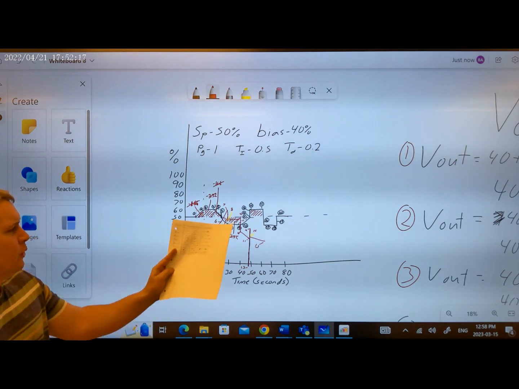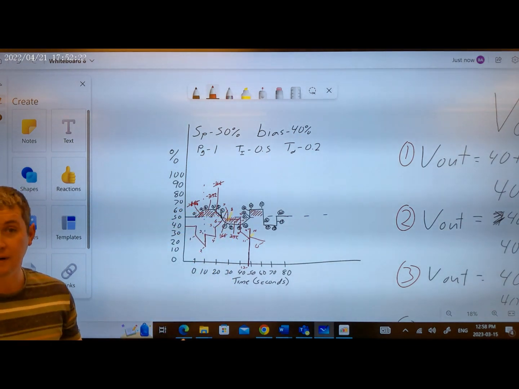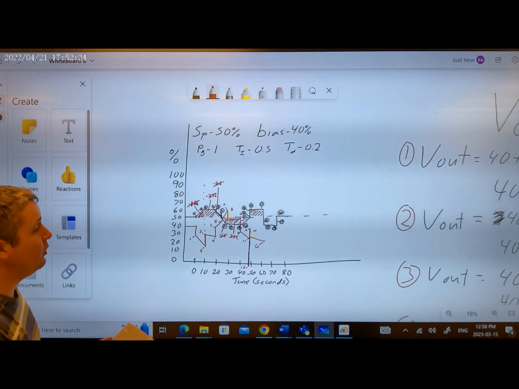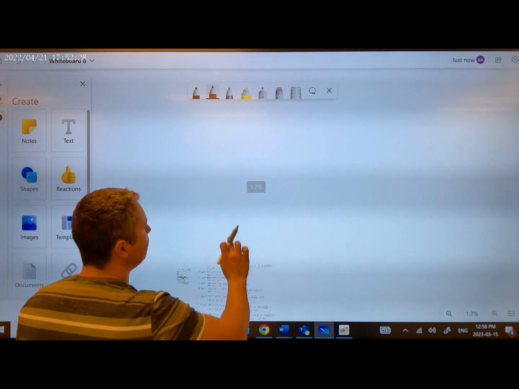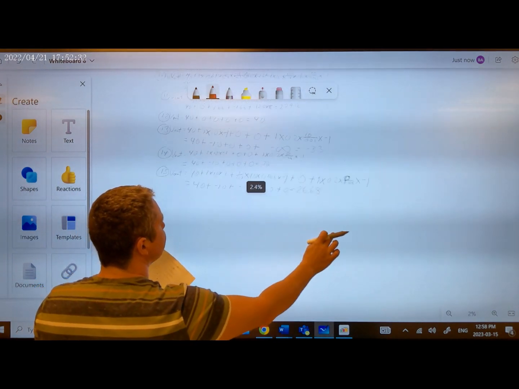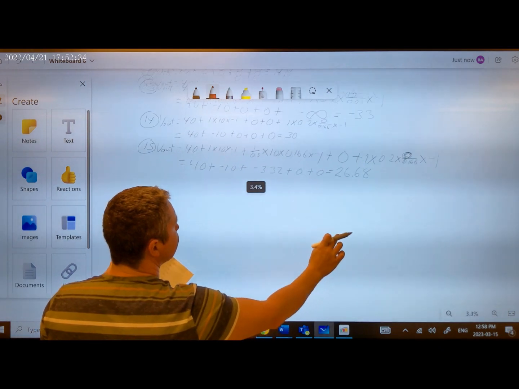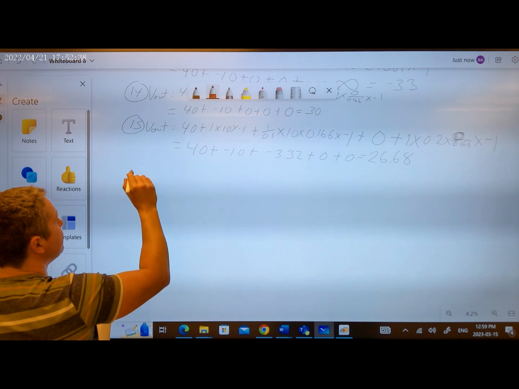Okay? Now we knew what happened on the instantaneous spike up, right? So we know exactly what's going to happen here. We don't even have to do the math, but we're going to anyway, because we like math. Okay. So we're going to do 16.